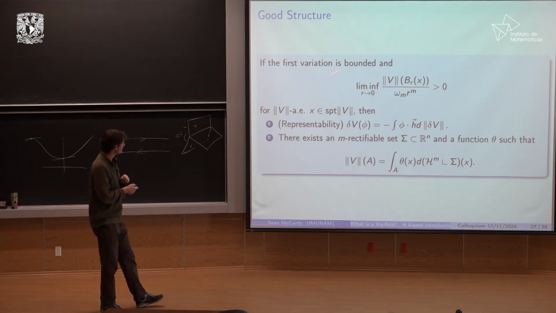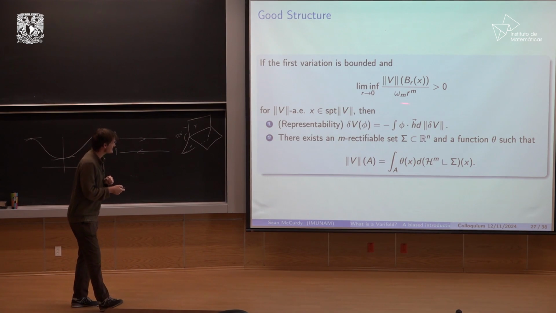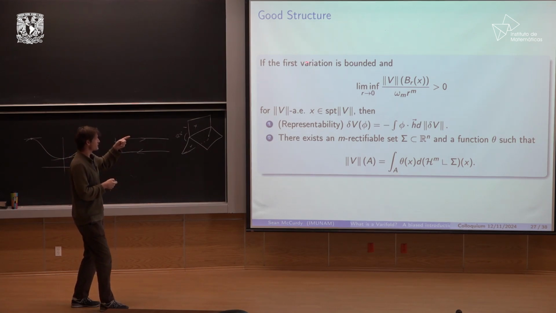Well, if the first variation is bounded and the density with respect to the dimension m is bounded away from 0, then, well, we get representability for free from just the first variation being bounded.